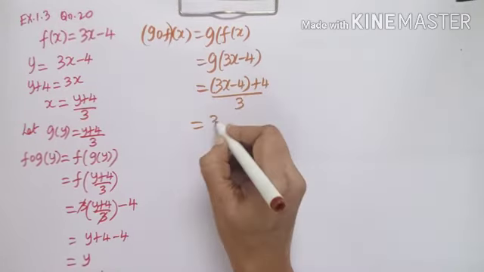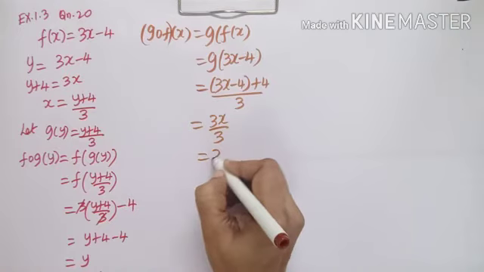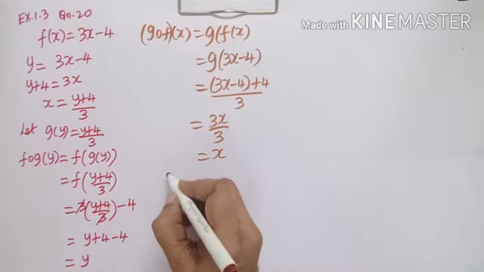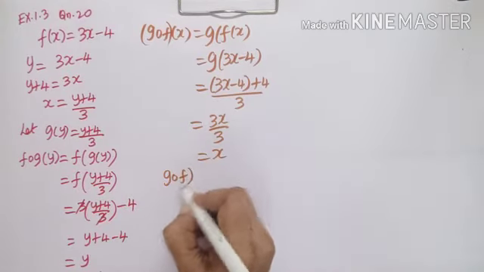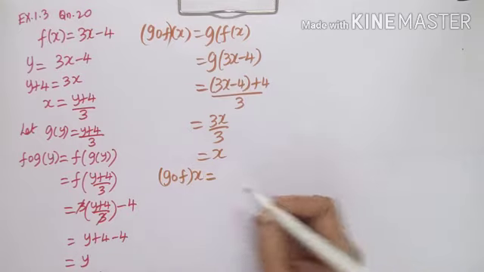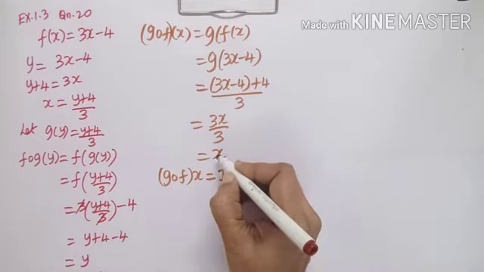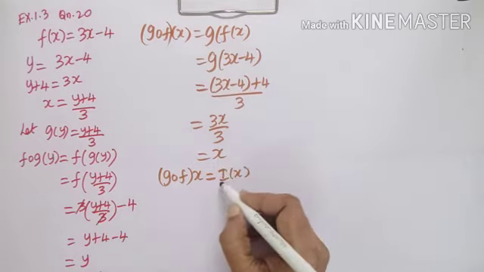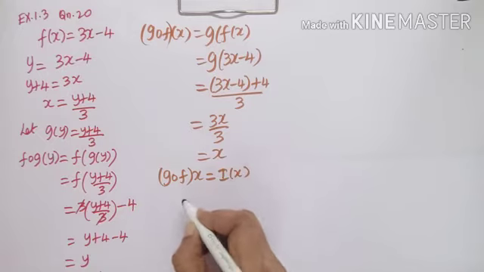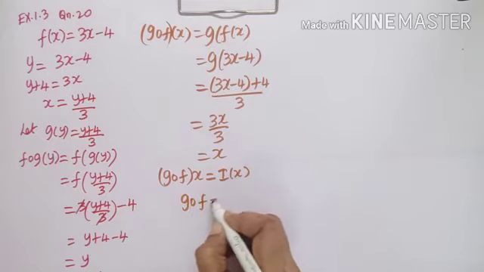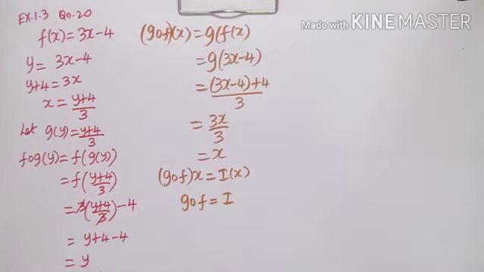Minus 4 plus 4 cancels. 3x by 3 is x. So I am able to show g composition f of x is equal to I of x. Simply x comes, write it as I of x. I stands for identity. So g composition f is equal to I.